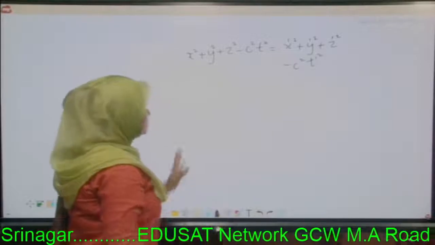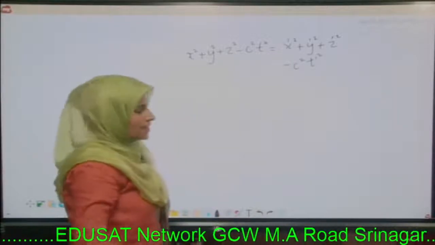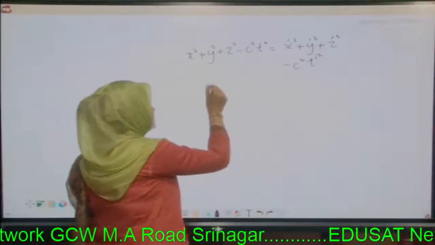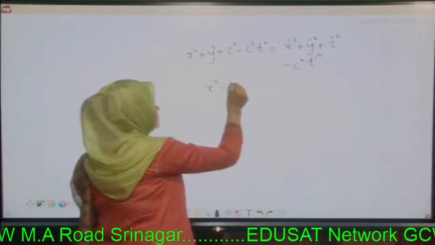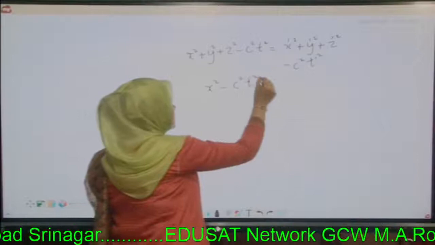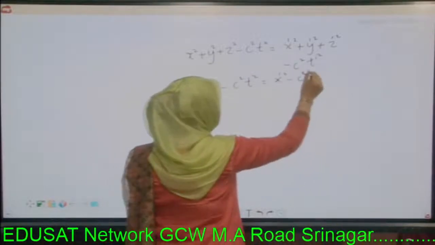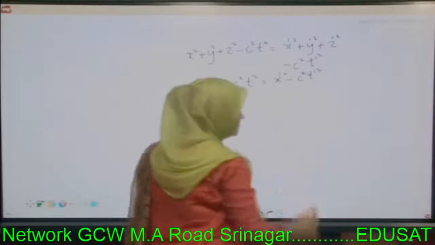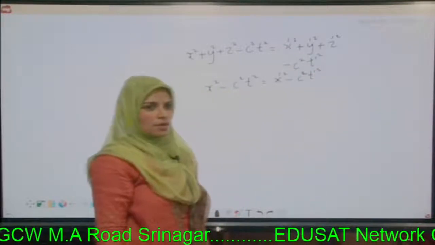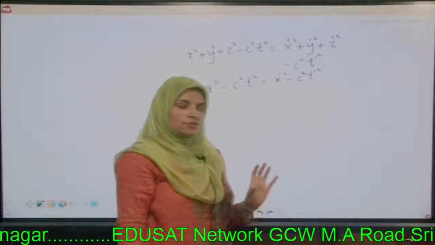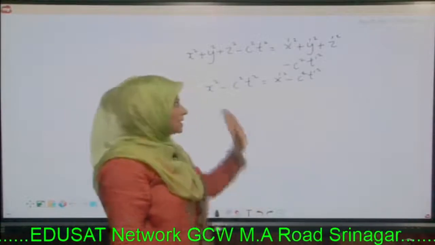Again, since we assume that y and z are parallel to y' and z', they will cancel out. So we'll write x square minus c square t square is equal to x' square minus c square t' square. And why are we equating these two equations? Remember, because we are describing the same event from the perspective of two observers from two inertial frames of reference. That is why we have equated them.